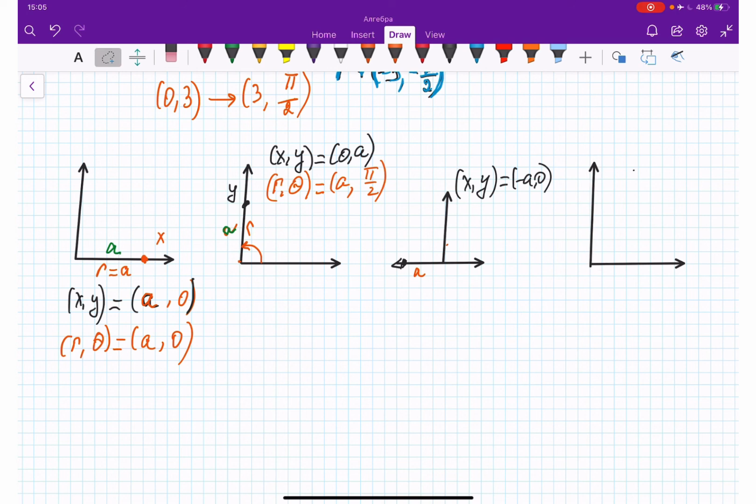And (r, theta) is going to be a, since we don't know what value a has, and pi will be our angle.